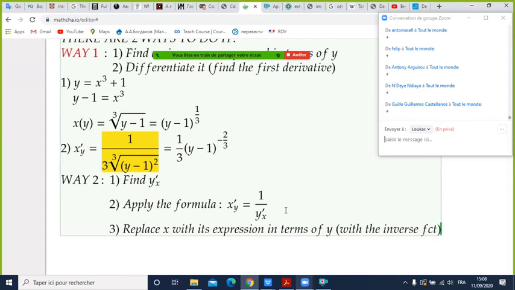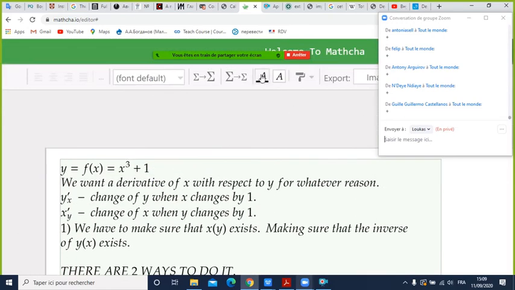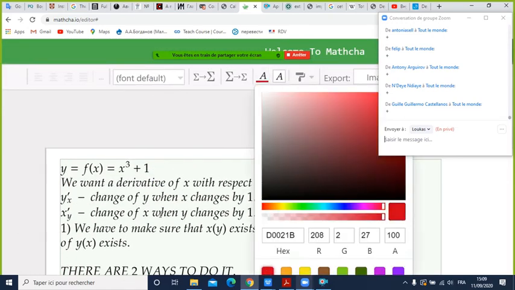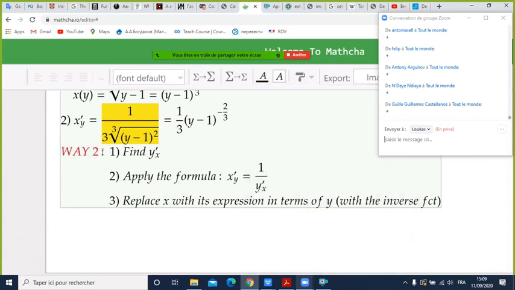Okay, let's do it following this way number 2. So get ready to see some magic. First, we know that y in terms of x is equal to x cubed plus 1.